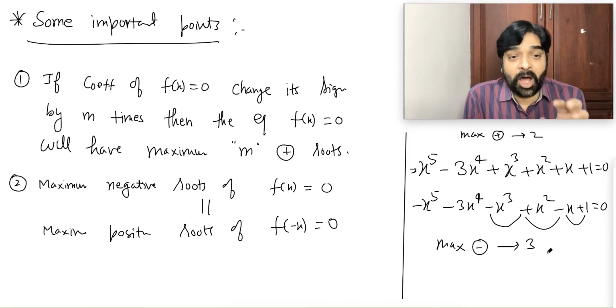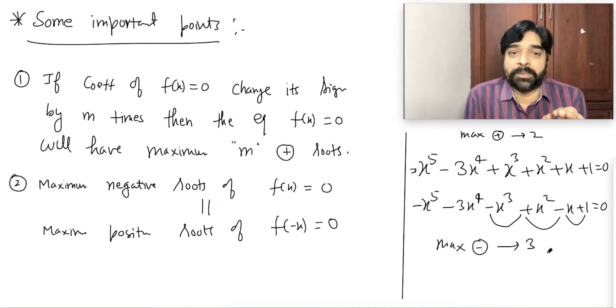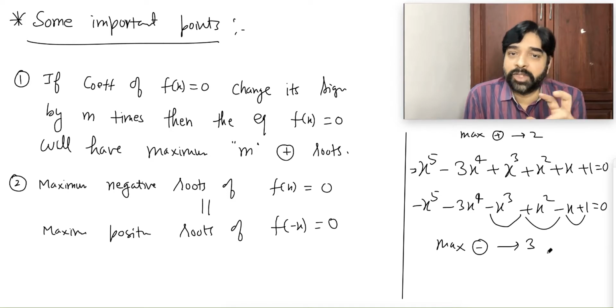Means if they give an option for this equation, nobody can solve it. If this equation has to be solved, they will give an option like this is having 3 positive, 2 negative roots. Wrong option, because maximum positive roots is 2. Understood?